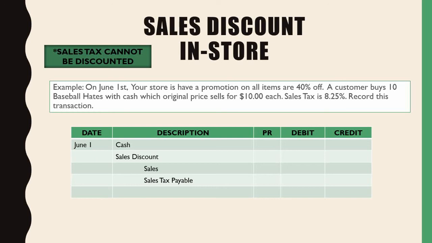You're decreasing it by a certain amount, in this case 40%. So we're not receiving all the money, we're receiving less. And because sales is permanent, you cannot fix it, so we have to record sales at the original price, and then include sales tax on top of that. Those are the journals we're going to be looking at.